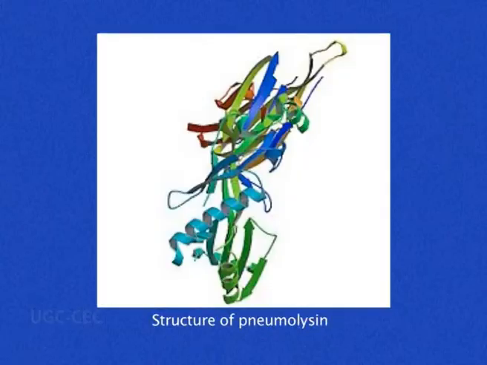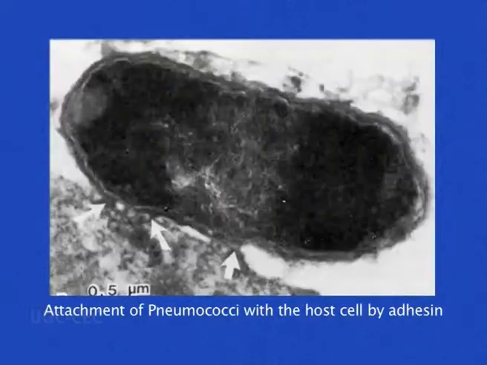And they are capable of showing some distinct properties. One important property is that they produce pneumolysin, which causes the lysis of red blood cells. They also produce an extracellular matrix, a polysaccharide commonly called adhesin. Thereby even single cells will adhere to each other, producing a colony.